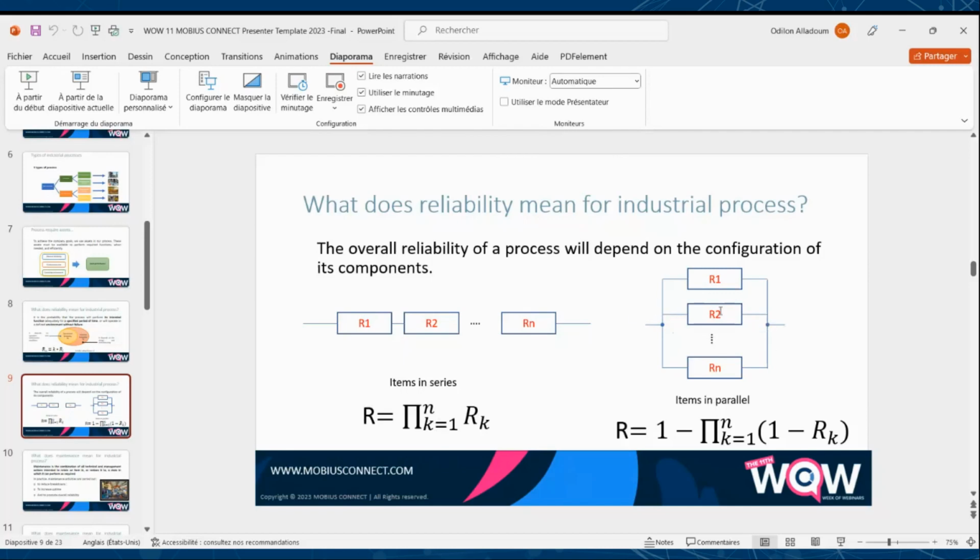In a parallel system like here, the entire system continues to work if some of its components fail. In contrast to a series configuration, the total reliability is higher than the reliability of any single component. This is a graphic that shows a description of a parallel system of n components. But there are some systems that are made up of a combination of several series and parallel configurations.